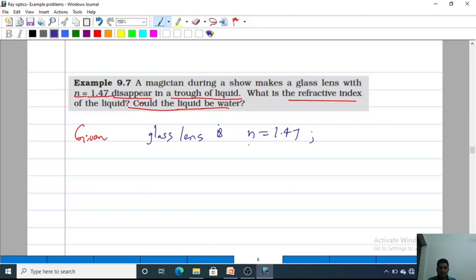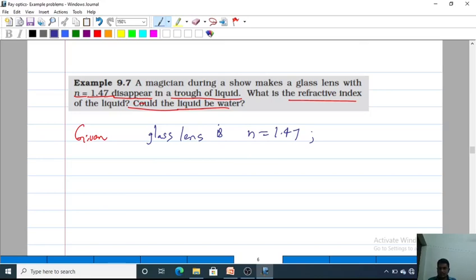So when it disappears, it means we cannot see them separately. Here the glass lens is placed in another liquid, but we cannot see that glass lens. What is the reason behind this? Even if the refractive index of glass and liquid are the same, then we cannot differentiate the two objects. Light doesn't bend differently in those two media.